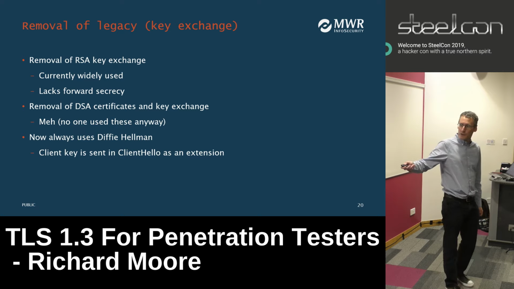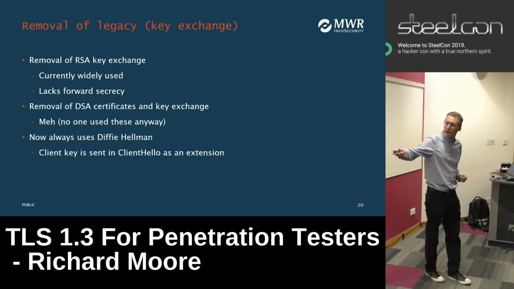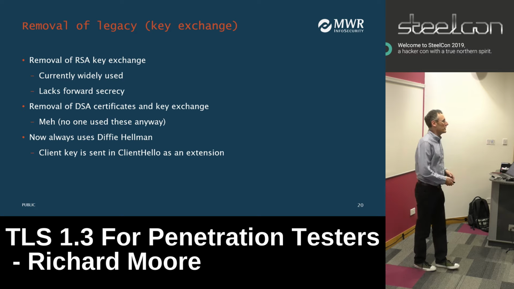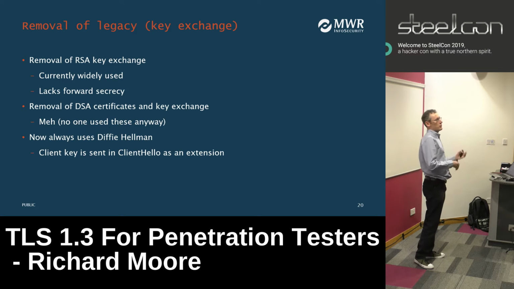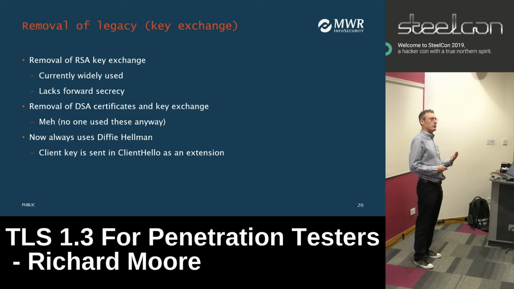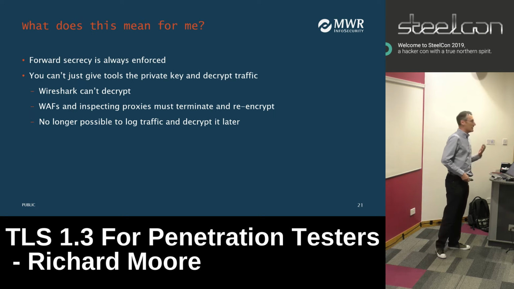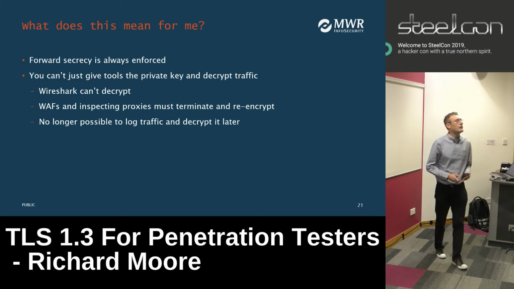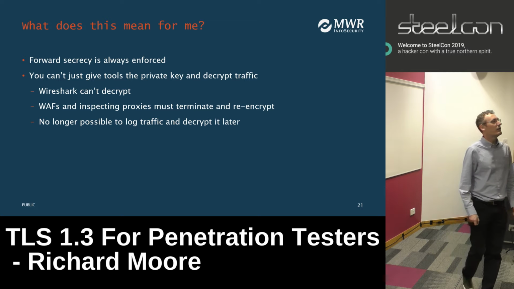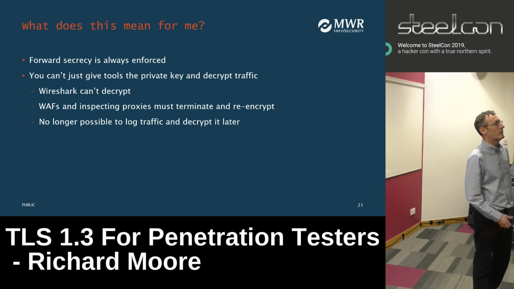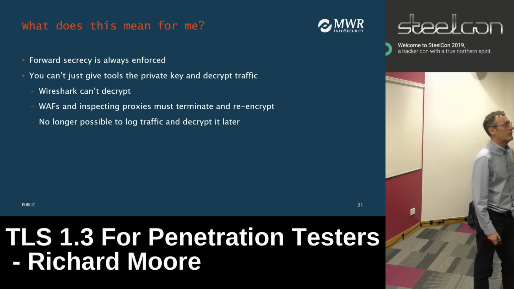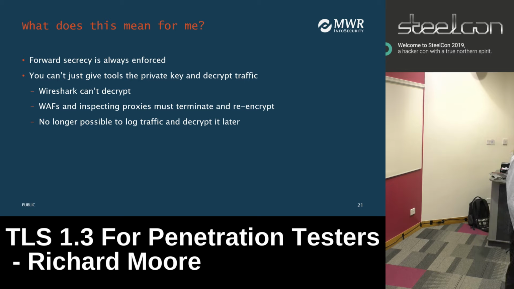And this is the answer to the question from earlier. So the client key is sent in the client hello as an extension, which is what allows us to start encrypting things quite so early. So what does it mean? Does that mean that if we do the DH exchange in that hello, we've set up asymmetric before we've done auth?